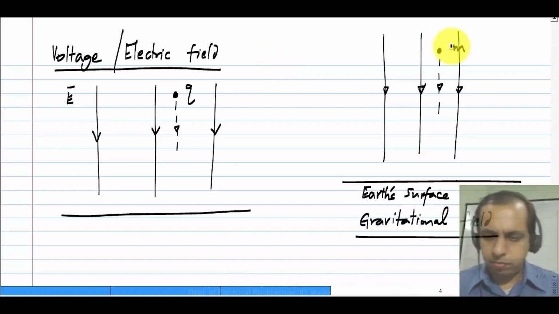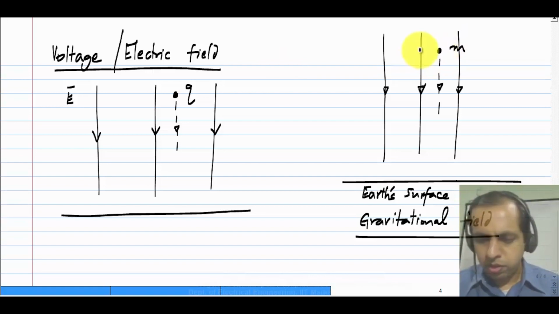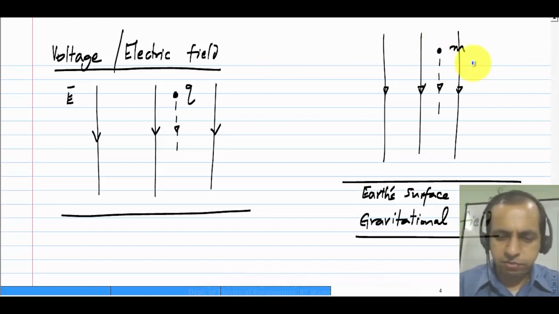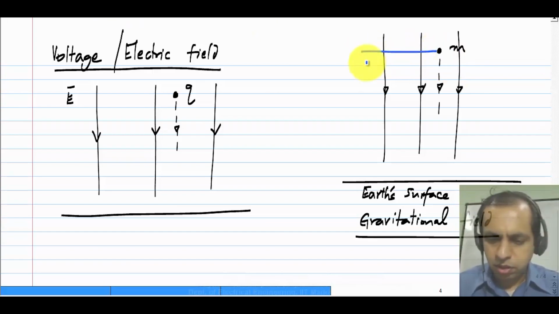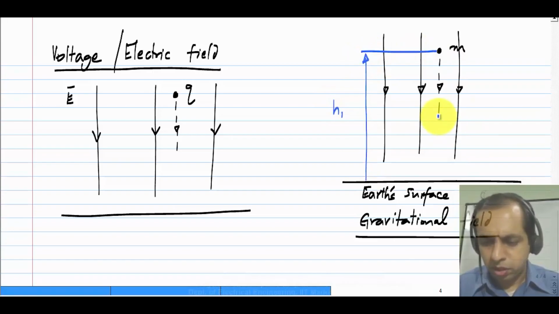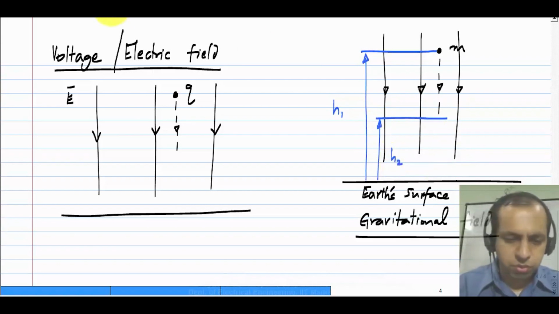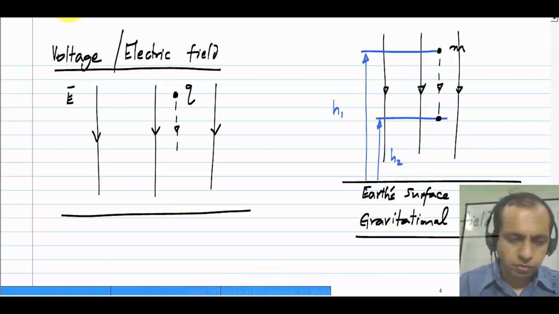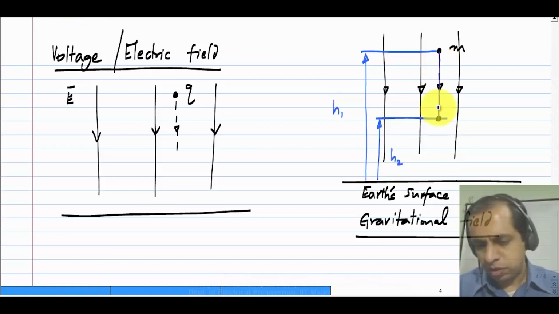So let's say an object, again I'll use the gravitational analogy first. Let's say it's at some height h1 and it falls to another height h2. Okay. So it falls from here to here.